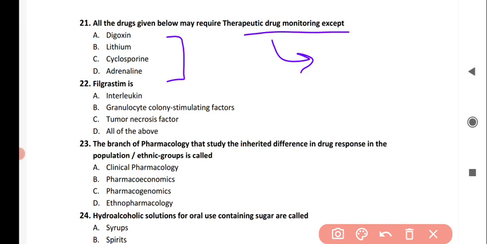So in that case we should not use the therapeutic drug monitoring. So option D will be correct for this question.